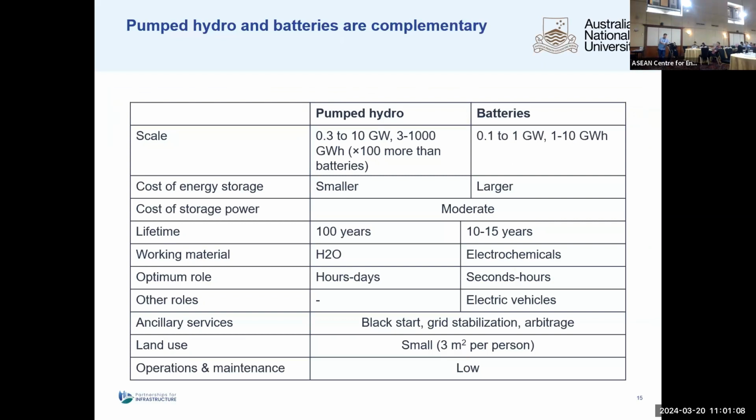The working material is H2O, water, which is non-toxic, but batteries use electrochemicals. Pumped hydro can provide storage for hours and days, and batteries for seconds and hours. Both offer ancillary services such as black start, stabilization, and arbitrage. The land use is really small for almost both of them, and operation and maintenance are low.